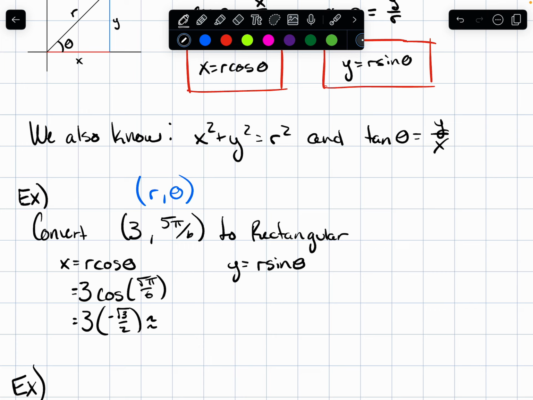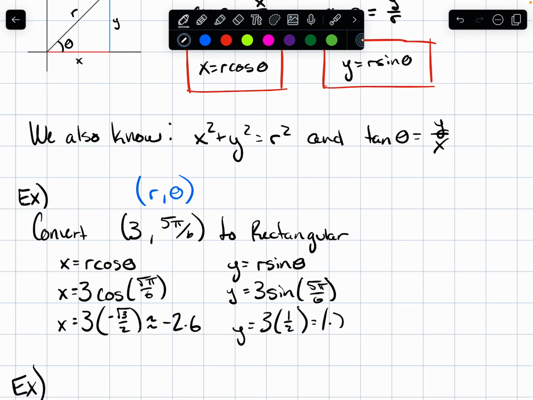And if I were to type this into a calculator, I'd get about negative 2.6. So that's my x value, and my y value being 3 sine of 5 pi over 6. I know that that is going to equal 3 times positive 1/2. So I'm going to get 1.5. So my x y coordinate is going to equal negative 2.6 comma 1.5.